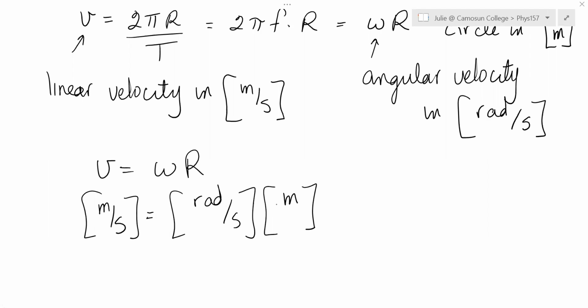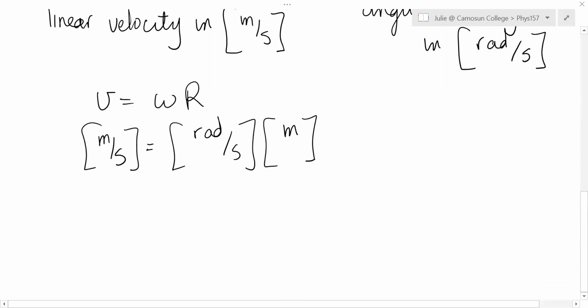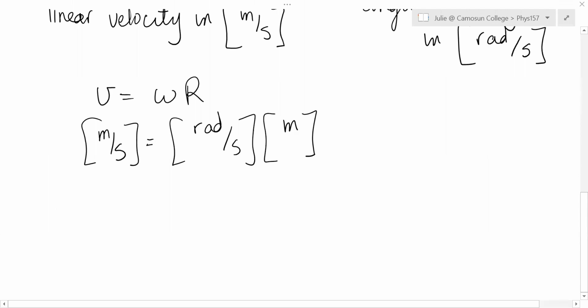Okay, so for this question of the centrifuge, which is rotating at a huge frequency, we're still in question 1. The centrifuge, we're told that the radius that the particles or whatever is going around in the centrifuge travel is 7 centimeters, so that's 0.07 meters.